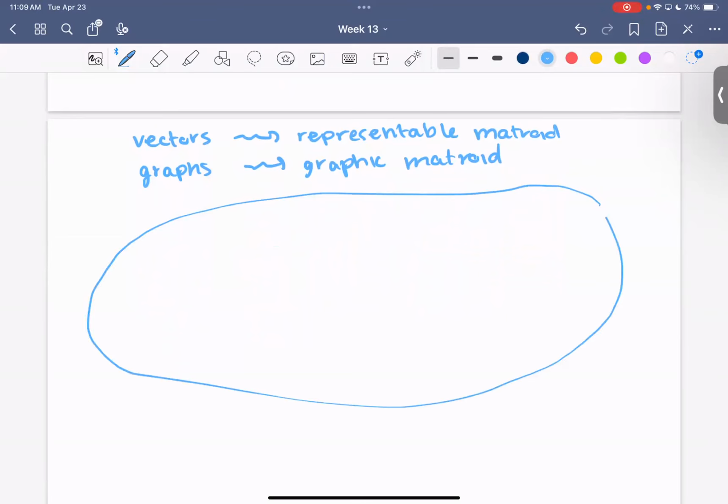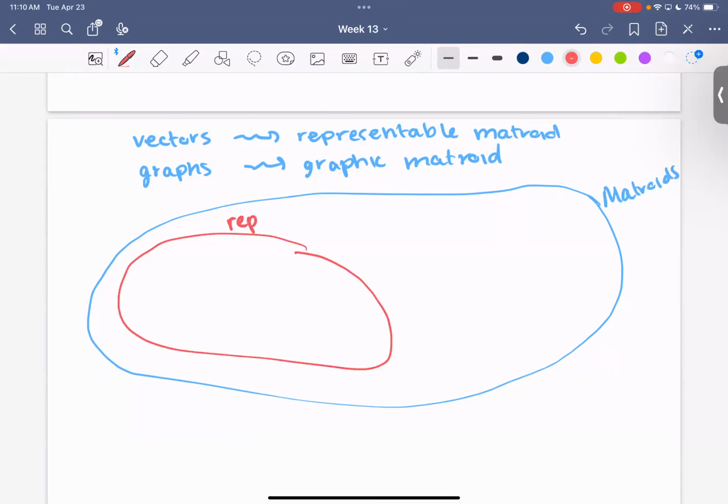Let's say this is all the matroids. Then I know some subset of them are representable. And some subset are graphic.